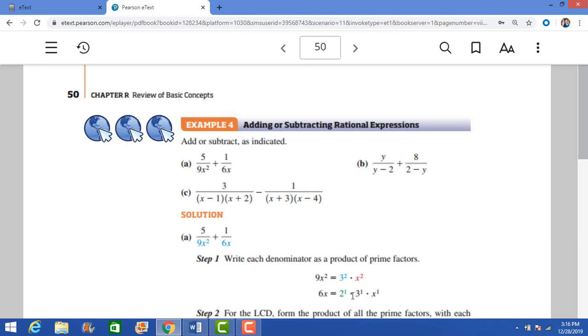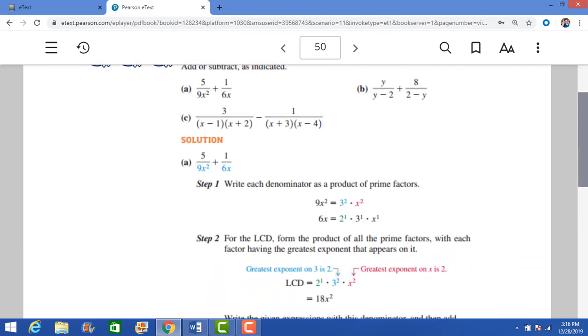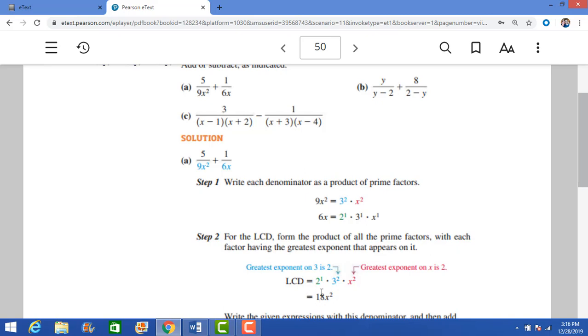The largest exponent with prime 3 is going to be this one. And the largest exponent of the variable x is going to be this one. So the least common denominator that we end up with is 2 times 3 squared times x squared, and we get 18x squared.